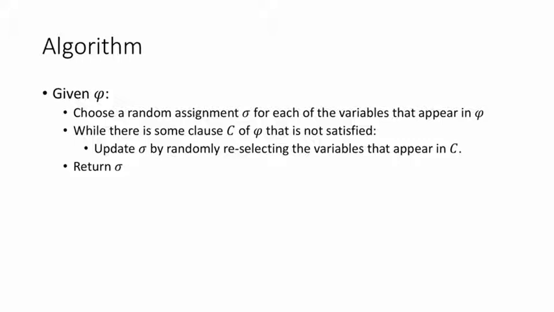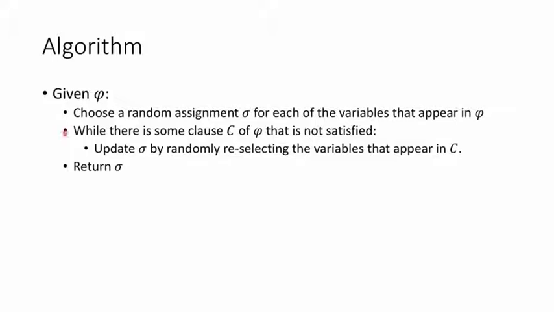Here's a version of the algorithm that we're going to use to prove the theorem. This is just the algorithm from the previous video, specialized to KSAT. So here's the algorithm, given a formula phi. We're going to choose a random assignment, sigma, for each of the variables x1 up through xn. And while there's some clause c in phi that is not satisfied, we're going to update our assignment sigma by just randomly reselecting the variables that appear in c.